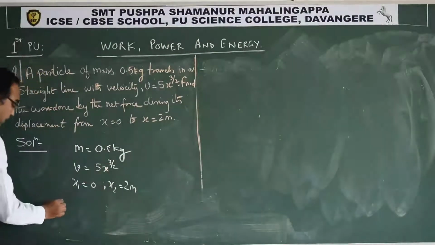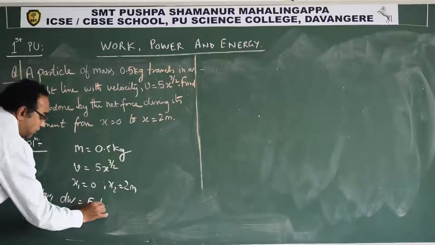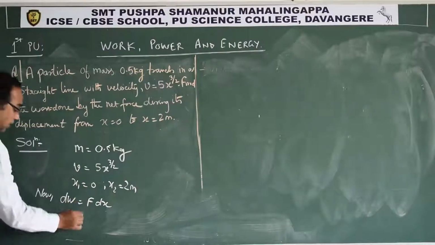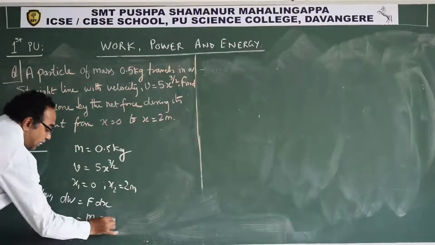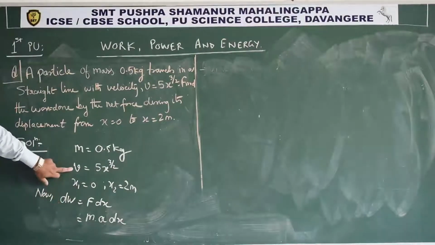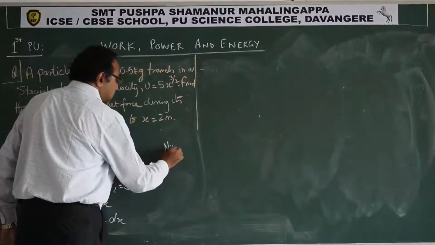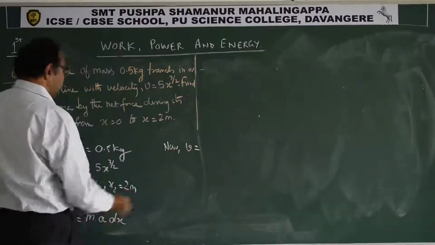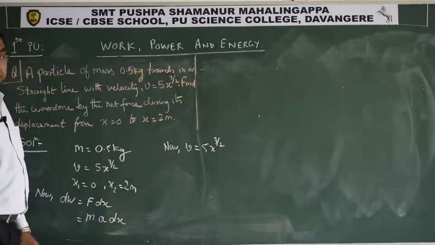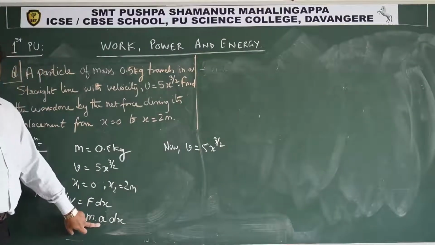We can write dW is equal to F dx. This is what we can say. F, we can write it as m a dx. V is given. Now, see, v is equal to 5x power 3 by 2. So we can find a. a will be what? dv by dt, right?